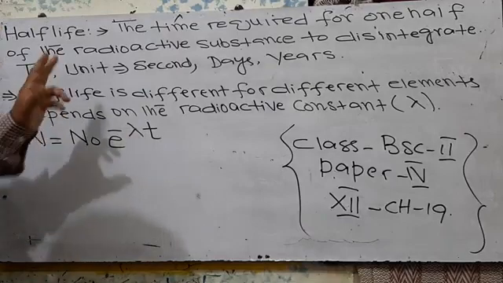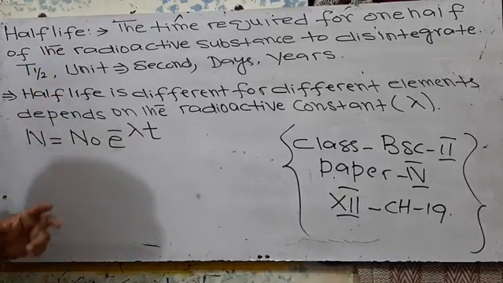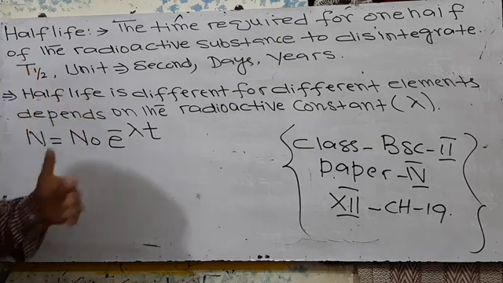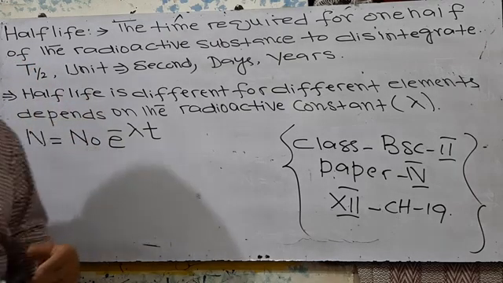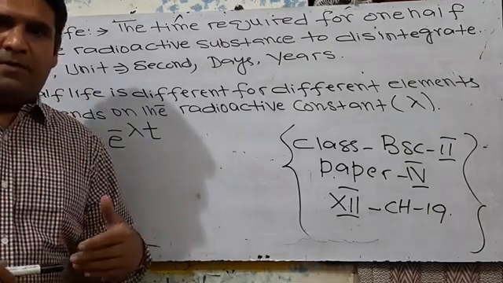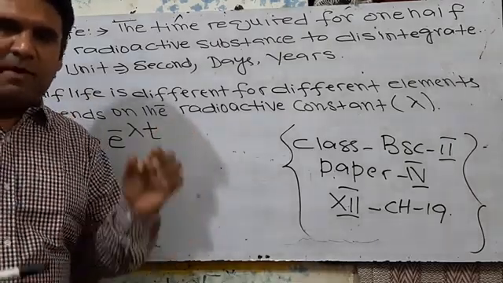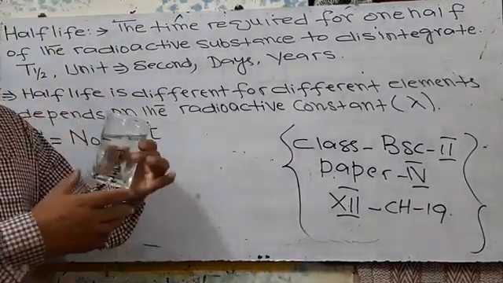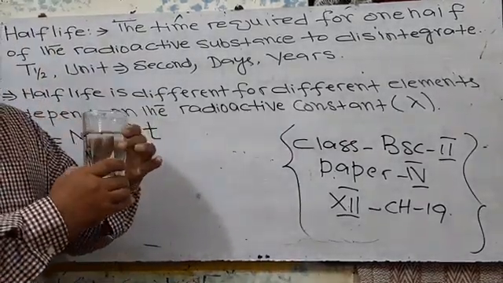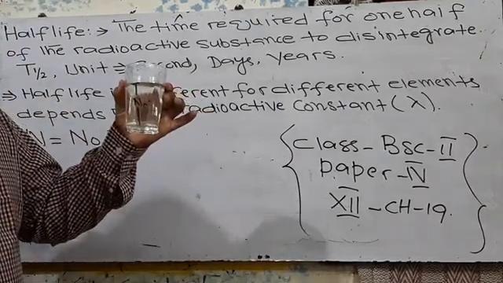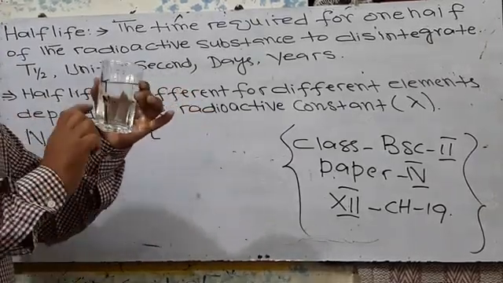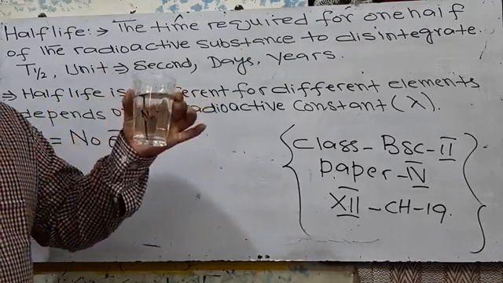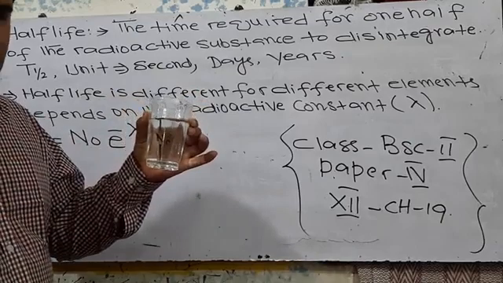Now, according to the definition, half-life is the time in which half of the elements will be disintegrated. I describe this definition by a little experiment. Suppose I have a glass of water. This water contains N naught molecules. Suppose the water is considered as the radioactive elements.